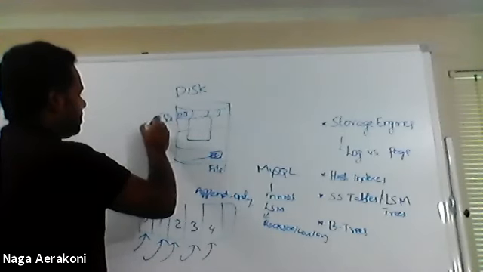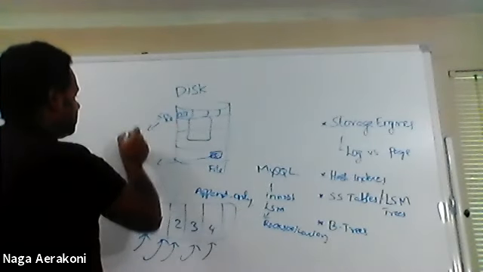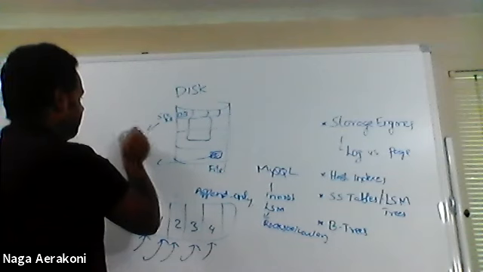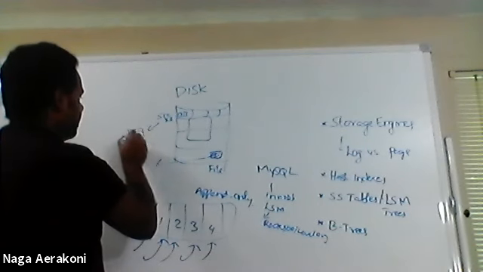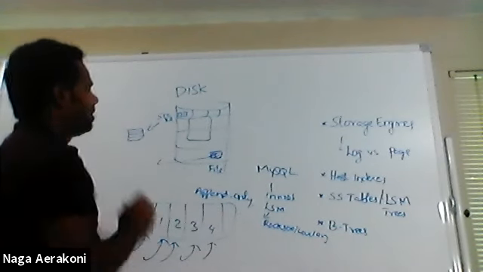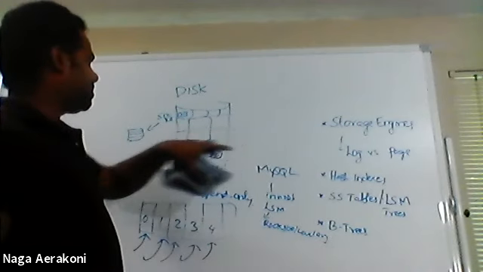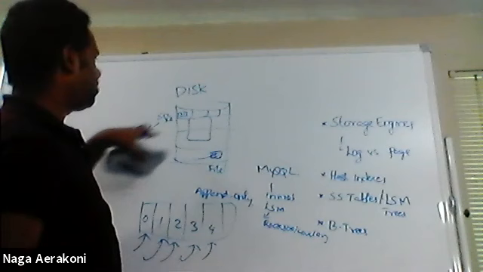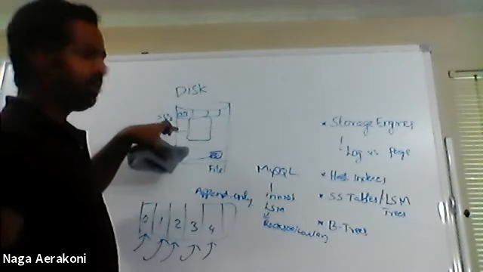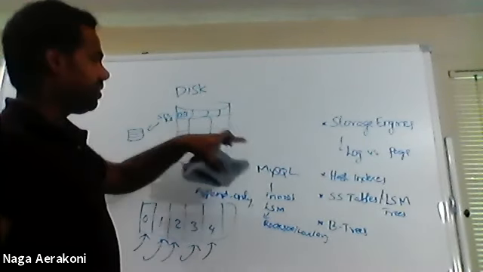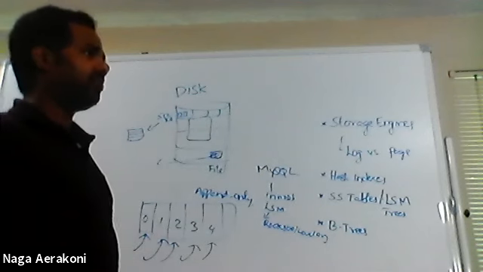Inside this block, there will be a set of files that we actually store, sequentially. If the storage engine works on the disk in the form of these blocks and pages, that's why it's called page oriented.